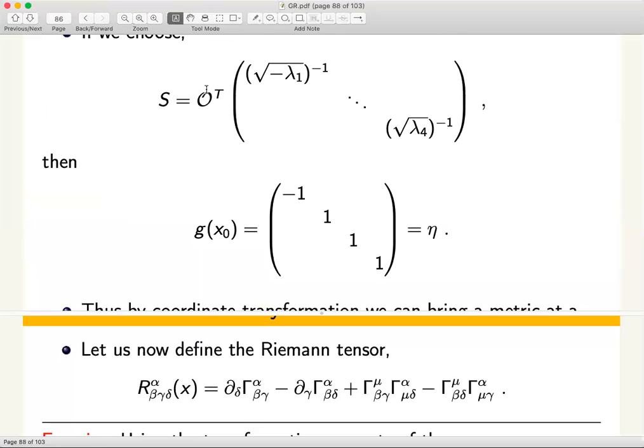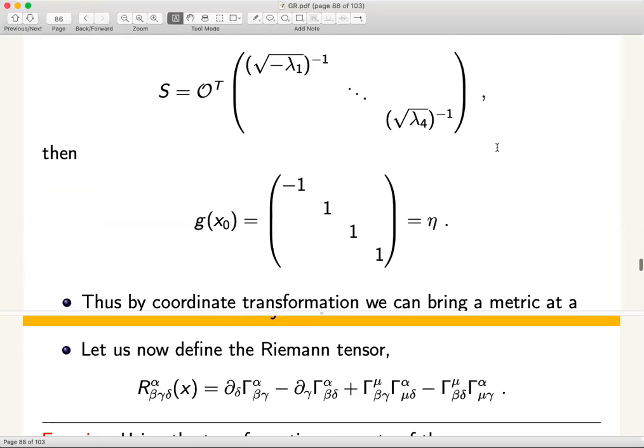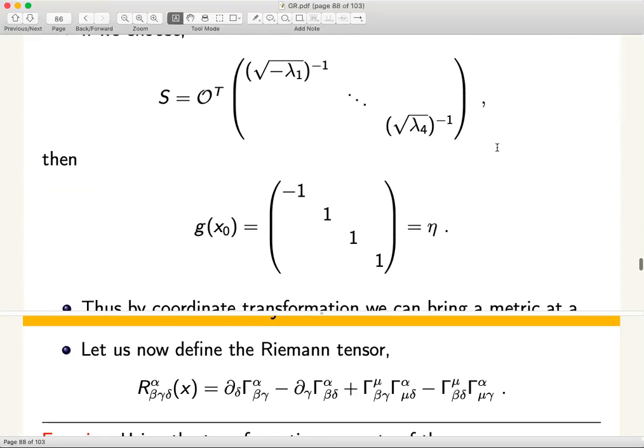So you can have O transpose times this scale piece times Lambda, where Lambda is the convention we have been using for the Lorentz transformation. Of course that is something I did not write, because we know that eta is left invariant by Lorentz transformation. So yes, there is a redundancy in writing S. Any other question?